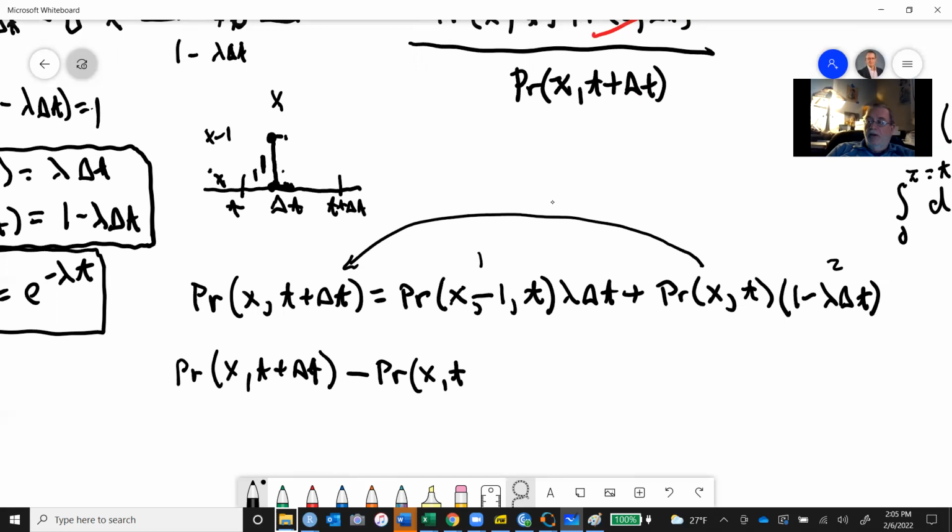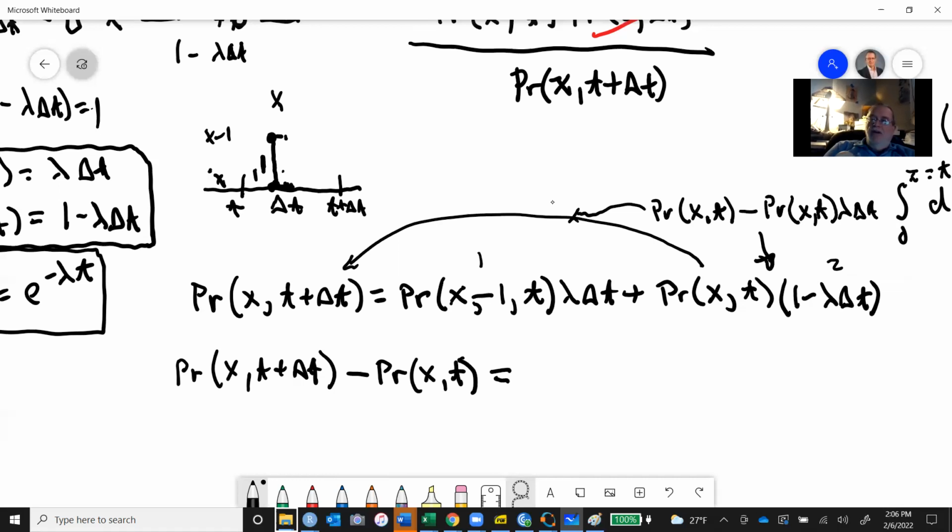That's just this multiplication here. So we just subtract that from both sides. And I hope you see a calculus thing begin to occur.